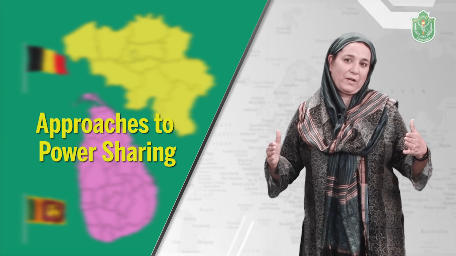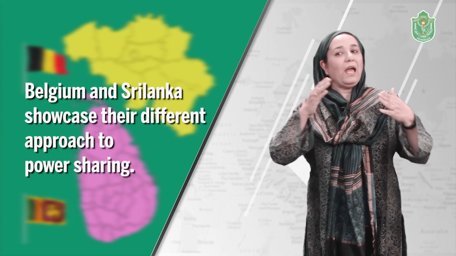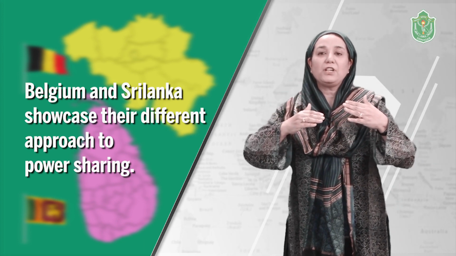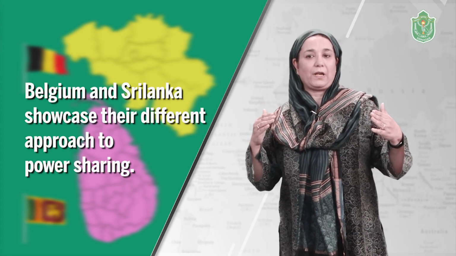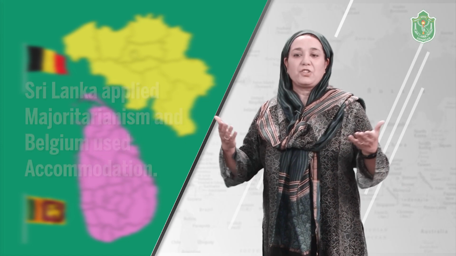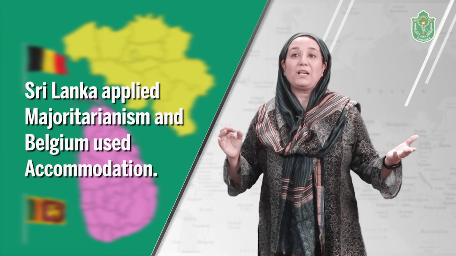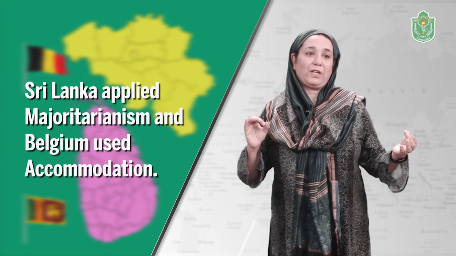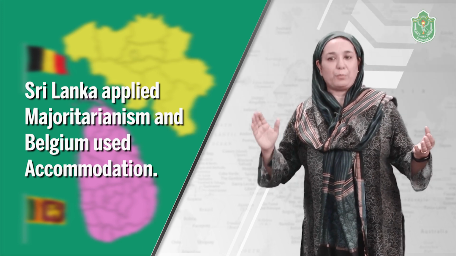Approaches to power sharing: Belgium and Sri Lanka showed different approaches to power sharing, in how they dealt with conflicts which rose out of language. Sri Lanka applied majoritarianism, and Belgium went for accommodative approaches.